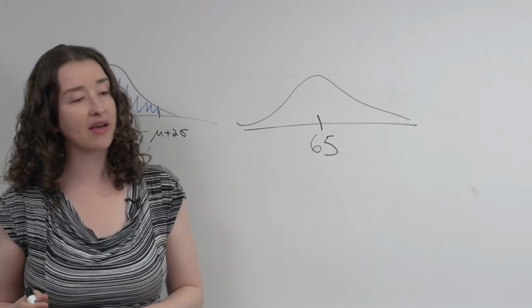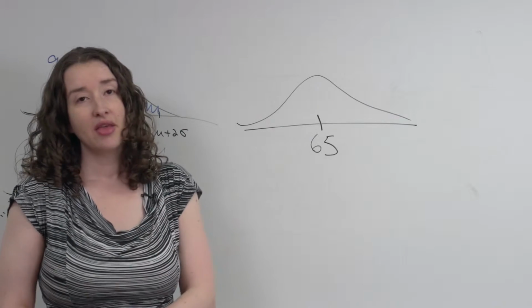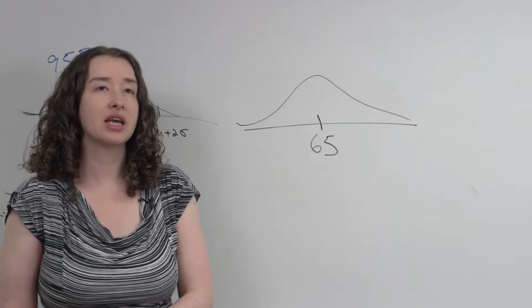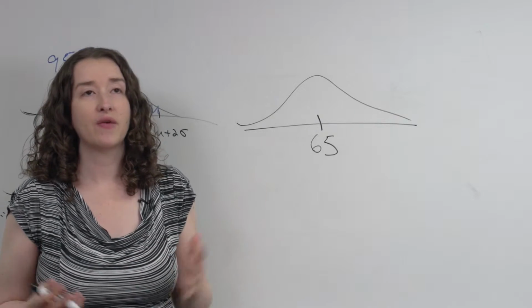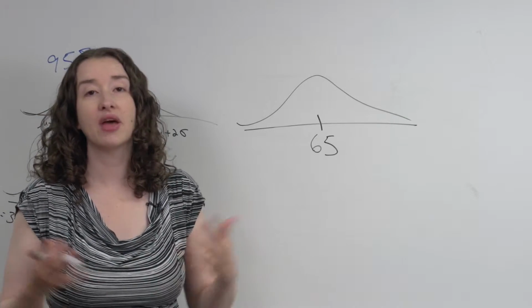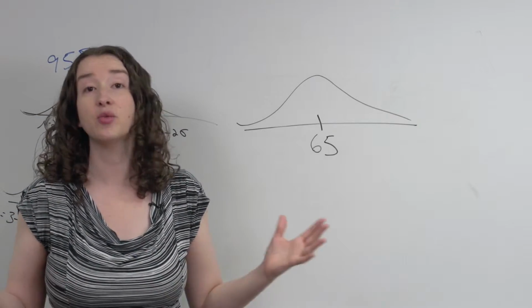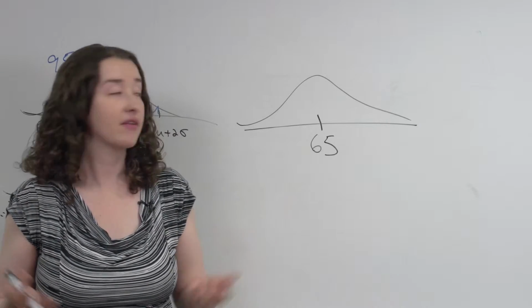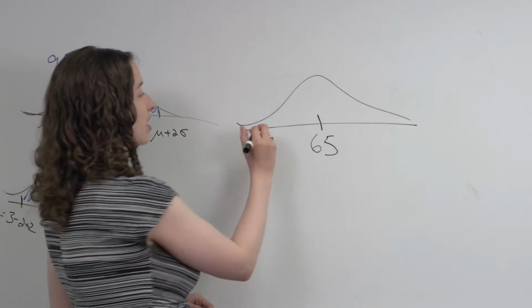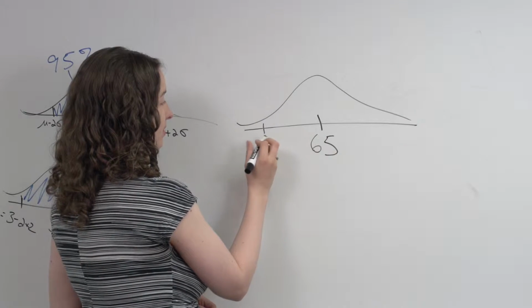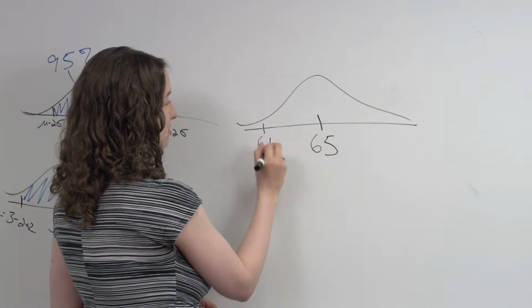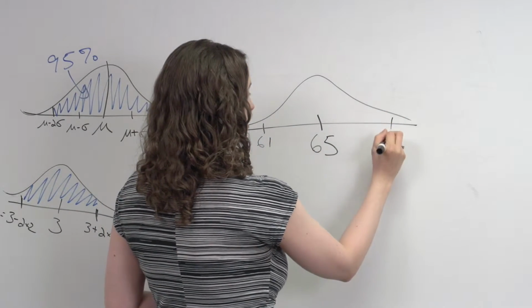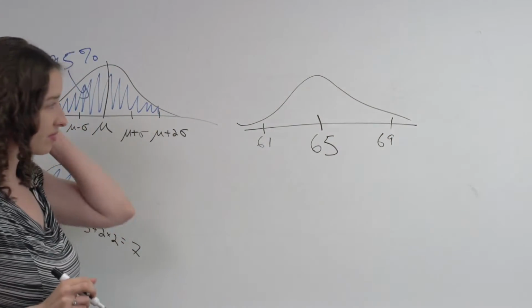So this is 5'5". I bet, and I'm just making it up, that 95% of women have heights maybe between 5'1" and 5'9". I made that up, but that's not off by too many inches, right? So I want to set these cutoffs at 61 inches and 69 inches.